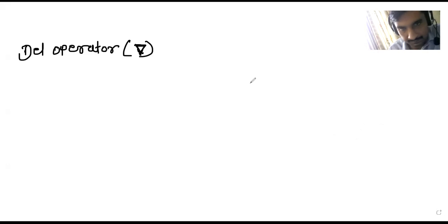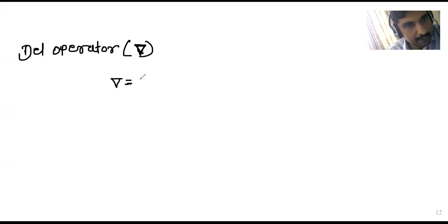So I'm going to define this del operator now. Del operator, del is equal to, somebody is on mute. Please mute yourself.